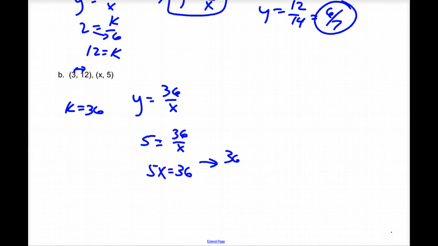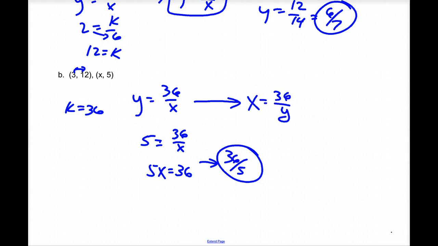And then divide by 5. And you can leave it like that. X would be 36/5. You might have noticed by now that an equation that's the exact same as this is x equals 36 over y. That's kind of cool. Your inverse relationship. If y is 36 over x, then x is 36 over y.